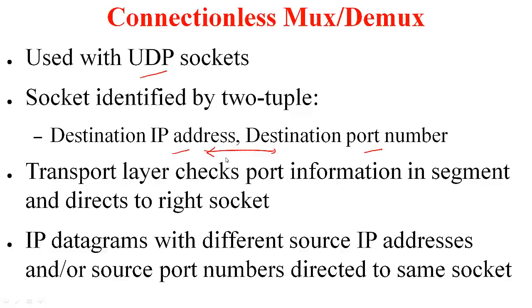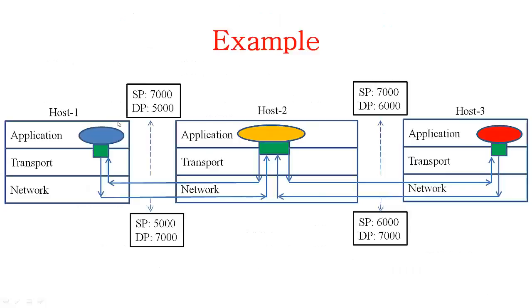A point to note here is that IP datagrams with different source IP addresses and/or source port numbers, but the same destination IP address and destination port number, will be directed to the same socket, because you are not distinguishing based on source information. The same thing is captured here. There is a blue process and a red process running on two separate hosts, and they are sending segments to the same destination port, thereby they get delivered to the same process.